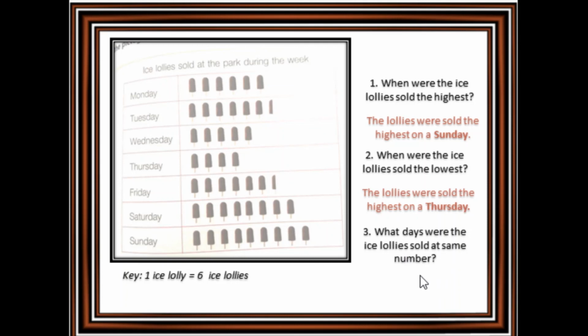This time we will not include Thursday and Sunday because Thursday was the lowest, Sunday was the highest. So we need to choose among Monday, Tuesday, Wednesday, Friday, Saturday. Okay, so let's first look at Saturday. Saturday, is it yes or no?